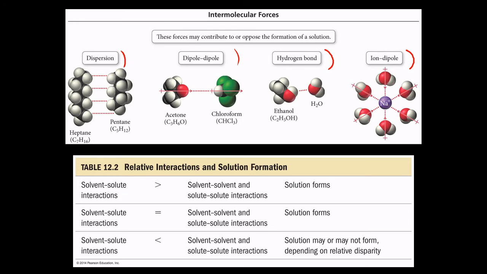So if enthalpy is favoring the solution forming, which is what we see here, because the force that wants them to mix is stronger than the force that wants them to stay separate, then the solution is going to form.